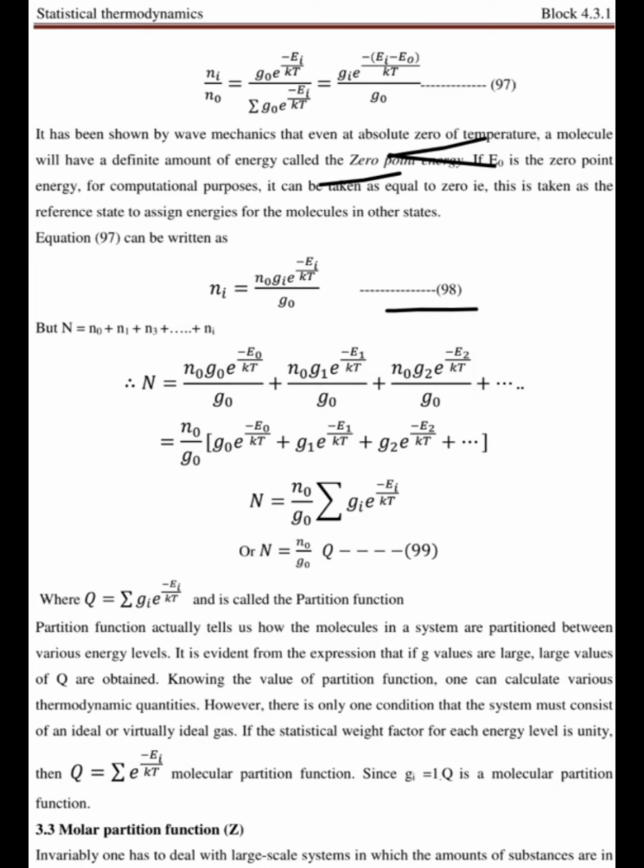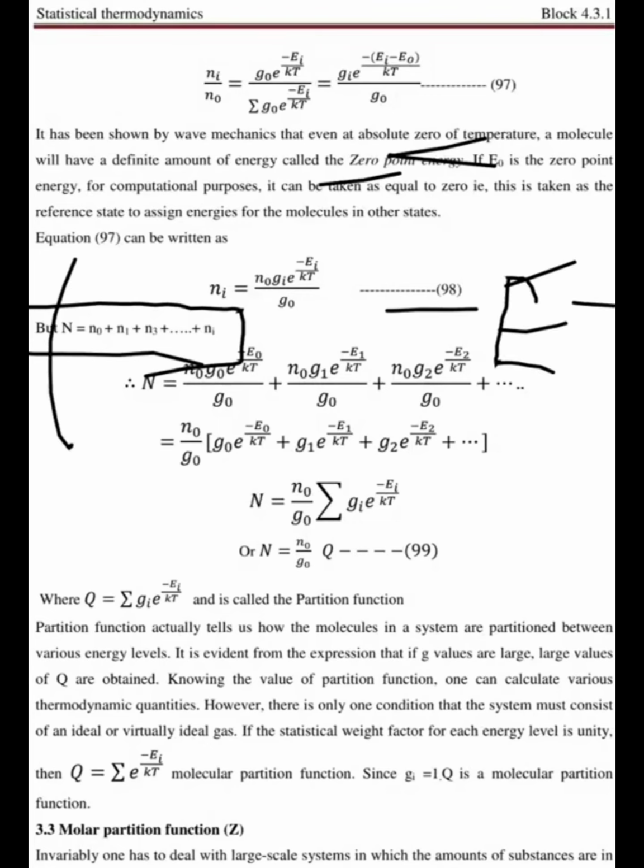Mathematically, N is the total number of molecules, N0 plus N1 plus N2 up to Ni, with E being the energy present in the different molecules. That is derived here in equation 98, where Q is equal to the summation of Gi e to the power of minus Ei by kT, and it is known as the partition function.